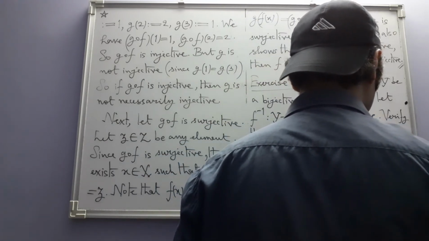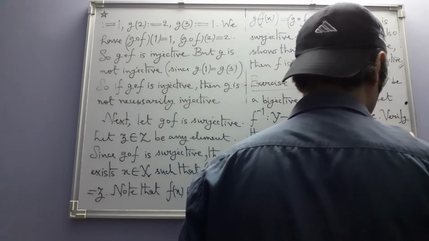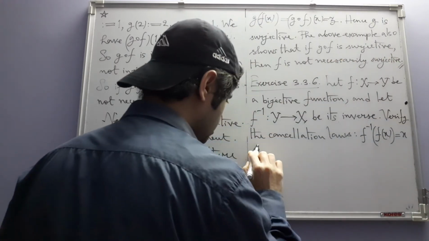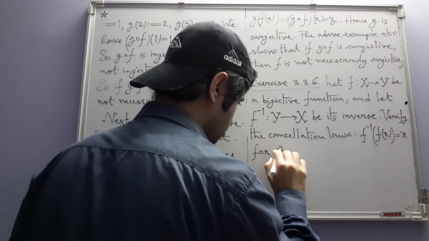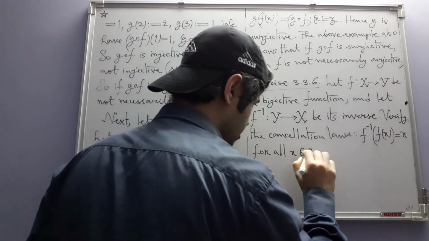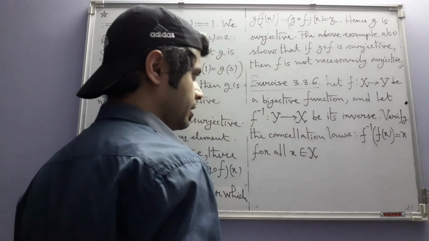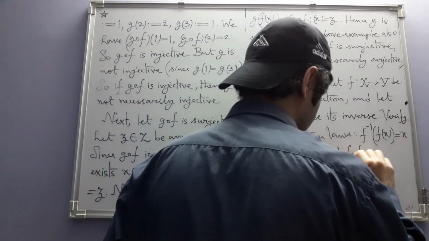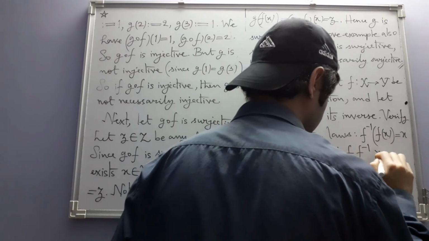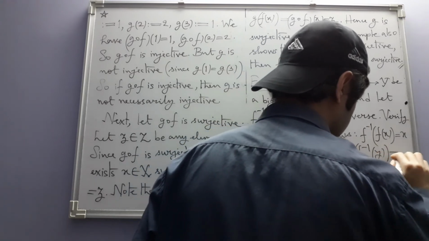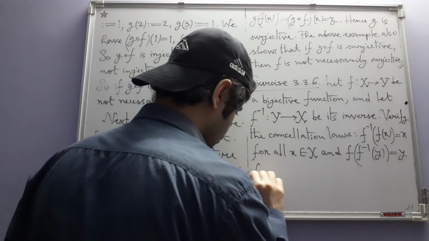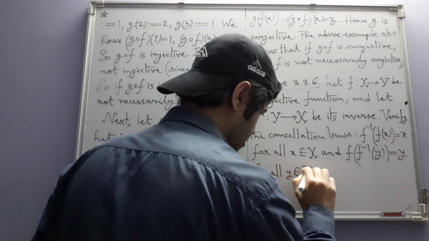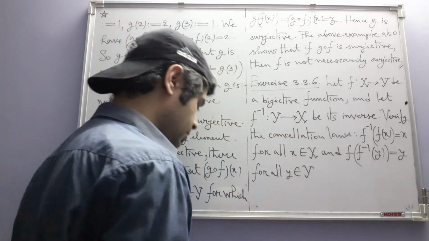F inverse of Fx is equal to x for all x in the domain X of F, and F of F inverse of y is equal to y for all y in the domain Y of F inverse.